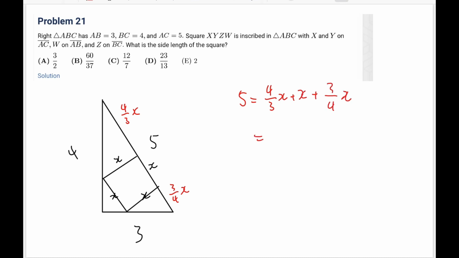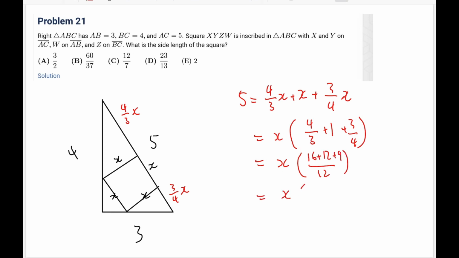This means that it's x times 4 over 3 plus 3 over 4. This is x times, the number is 12, 16 plus 9 over 12. This is x times 37 over 12.